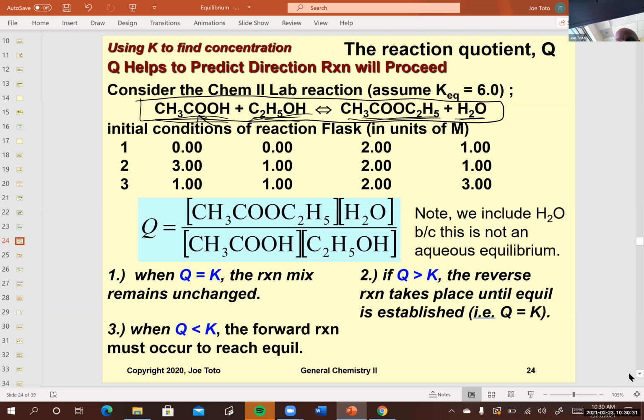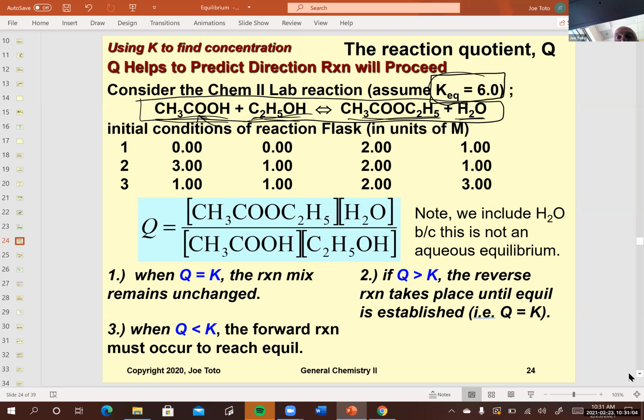And now they give you 3 different initial conditions. And I want you to tell me which way the reaction is going to shift based off of these initial conditions, and use the Q concept that we just introduced. So there's a few things here that you have to notice, and that is they give you the equilibrium constant.